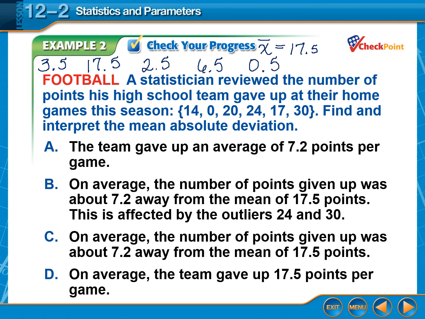Okay. And then finally, 17.5 minus 30 will give me negative 12.5, and then the absolute value of negative 12.5 is a positive 12.5. All right, so these are all of my numbers, okay? These are all of my differences. So what's the next step?